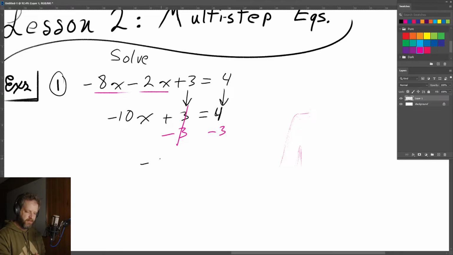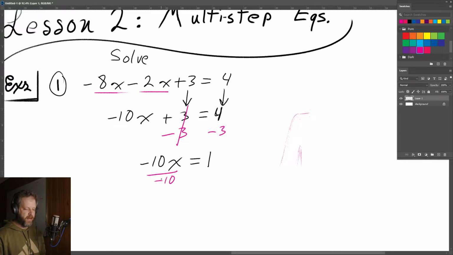Now what? Then we can do the divided thing with negative 10x. Okay. So what am I dividing? Negative 10x by negative 10. Now what? Cancels out everything but x.